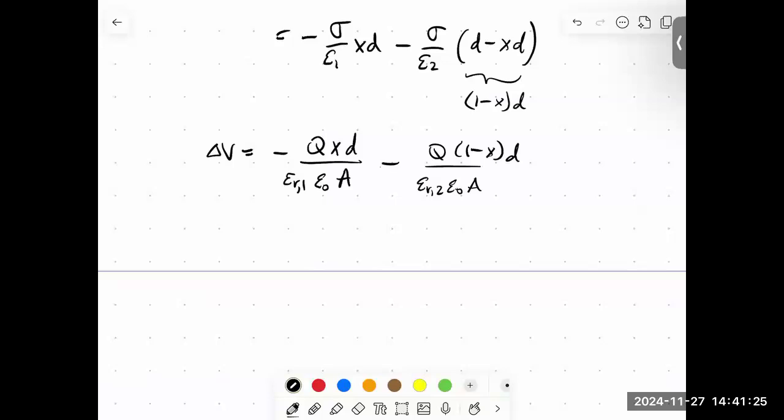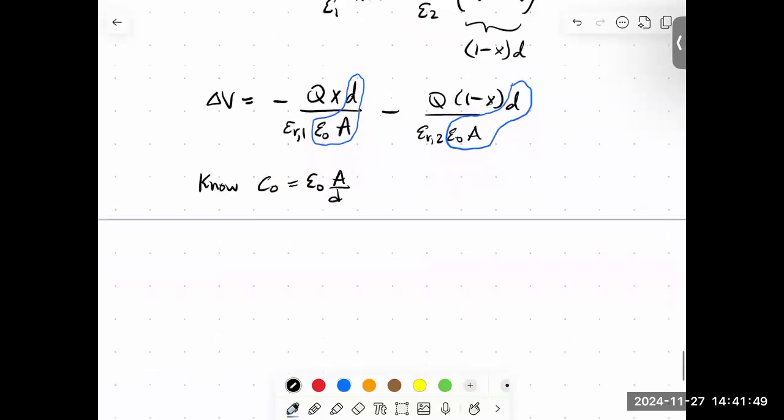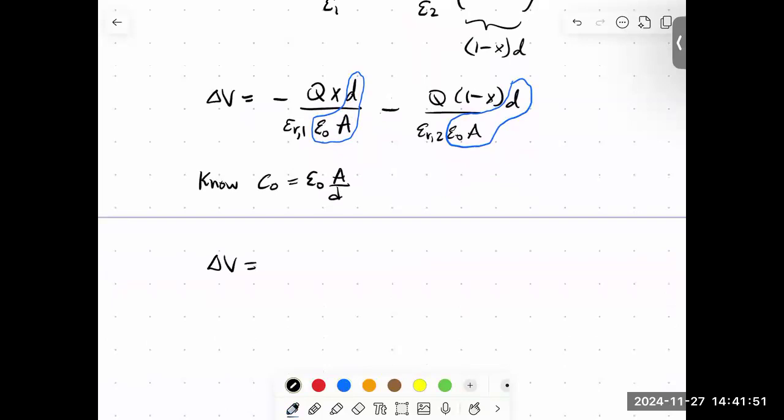Like we did last time, we know that C0, if there were no dielectrics at all, would be epsilon naught A over d, and I've got that in both these expressions. So our delta V is going to be equal to Q over C naught. Let's take the minus sign out.